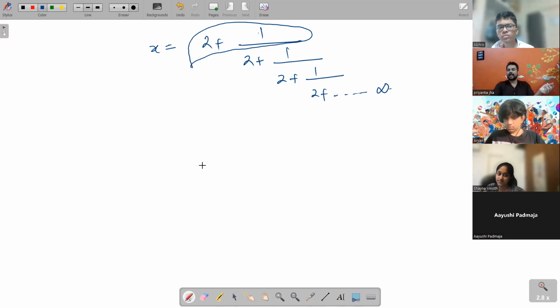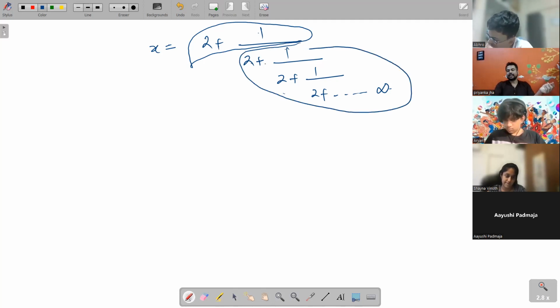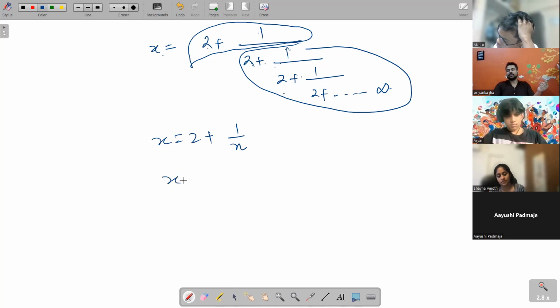Now you can see that again you have 2 plus 1 by this. For this thing, we can write x, what we assumed initially, because the same thing starts again: 2 plus 1 by this. So x can be written as 2 plus 1 by x. Now solve it.